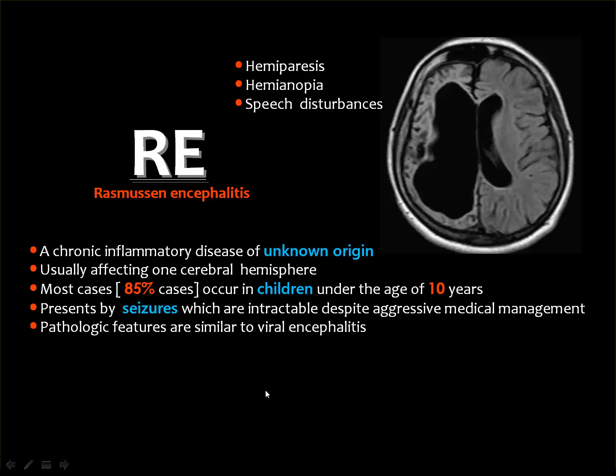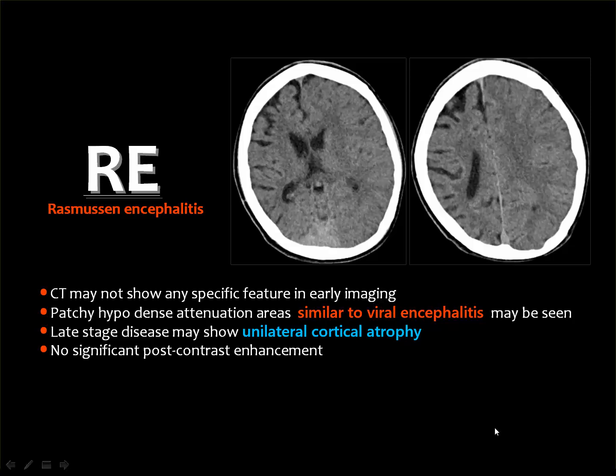The appearance on MRI is similar to herpes encephalitis, but the difference is that Rasmussen encephalitis is a unilateral disease, and frequently it will result in atrophy of the affected hemisphere with marked dilatation of the lateral ventricle of the hemisphere affected. The symptoms are hemiparesis, hemianopia, and speech disturbances.